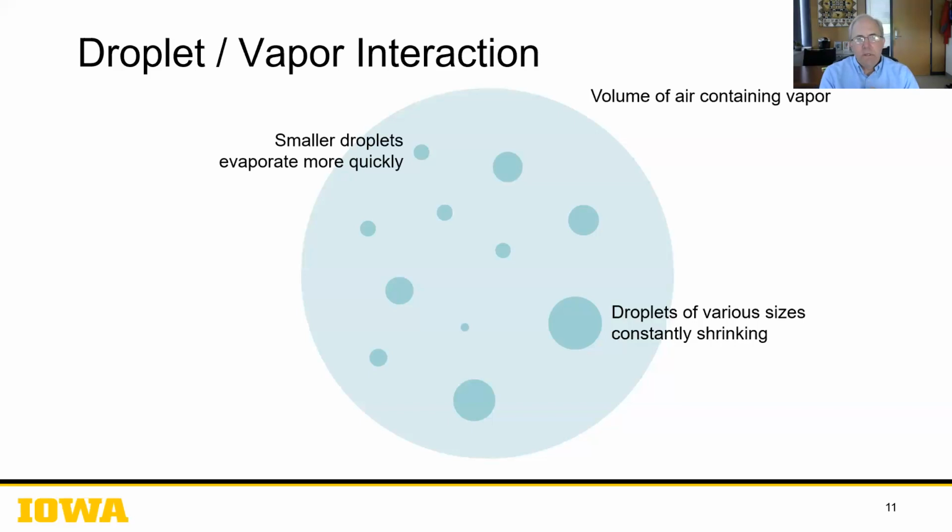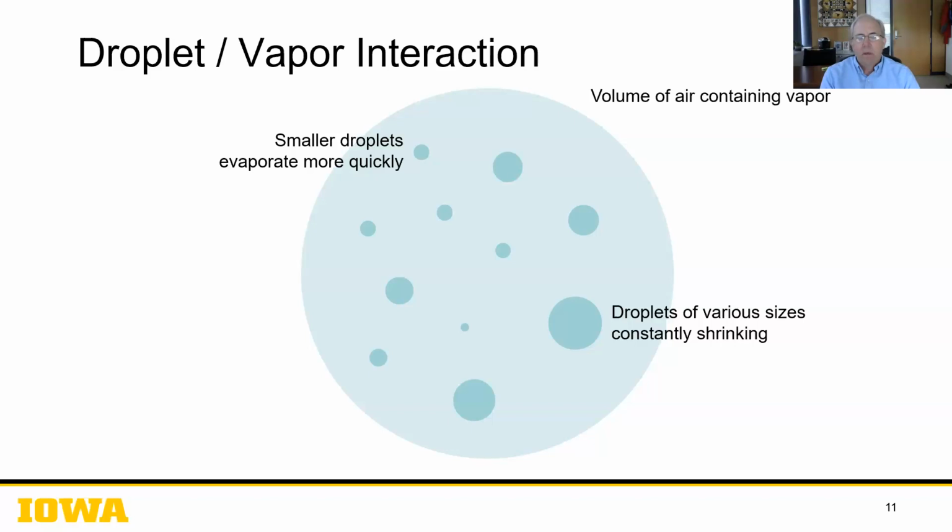And then, of course, the smaller the droplets, the more quickly they'll evaporate. So it's not a steady evaporation rate, but it accelerates as they get smaller and smaller. Why? Because there's more surface area per volume of smaller droplets. So it's a constantly changing state of nature that you're trying to assess as all this is changing in front of you.